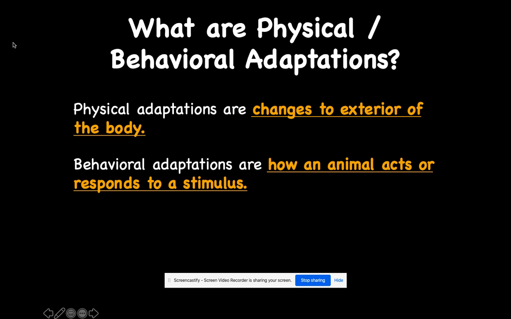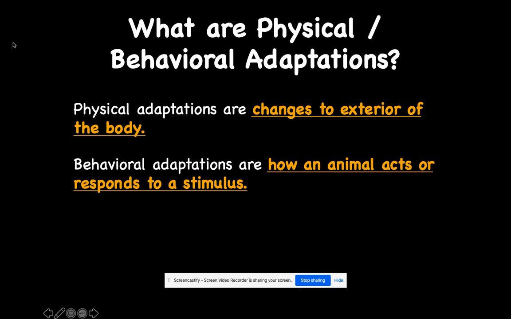All of your activities this week have been regarding plants and animals on adaptations, how they survive in their current habitat. They can be physical or they can be behavioral.